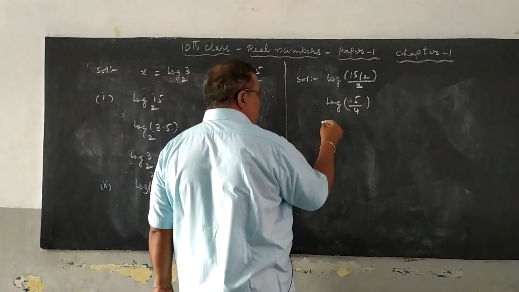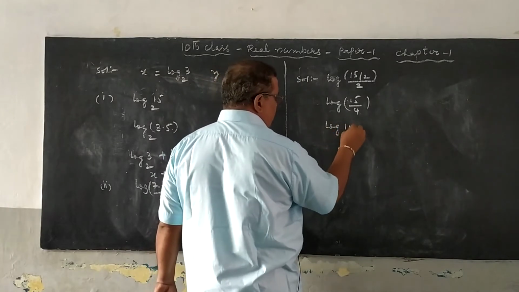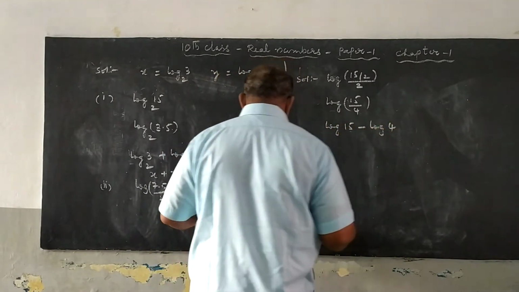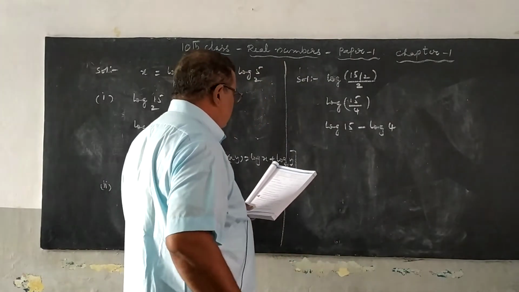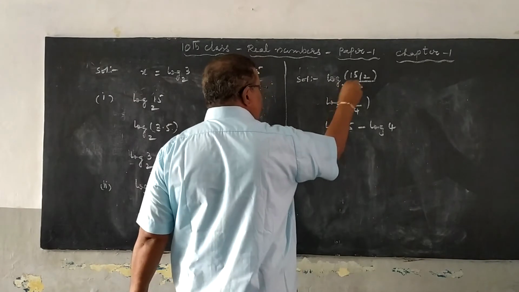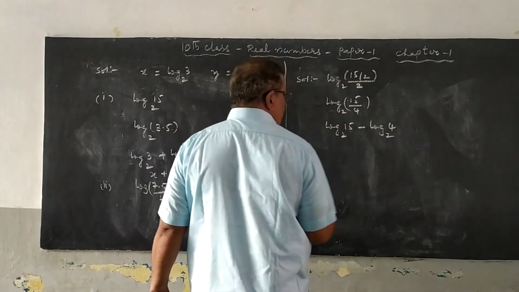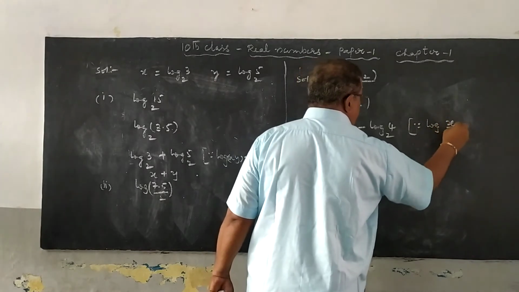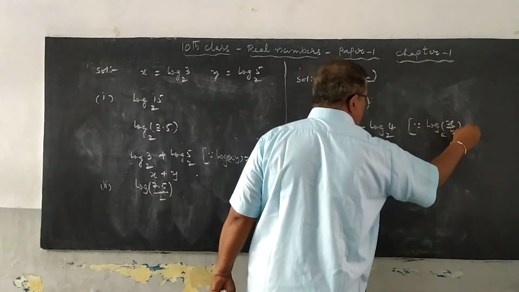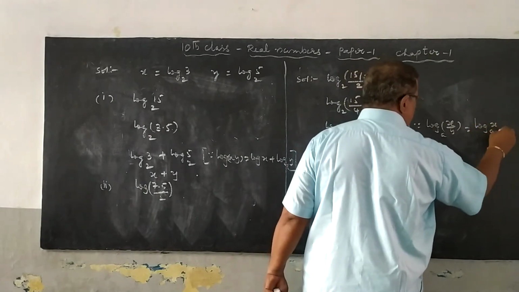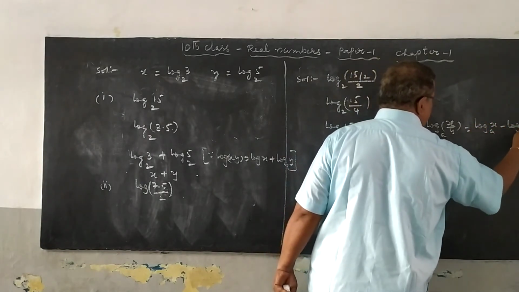How do we have to write this one? Log x minus log y. Here the base is 2. Since from the supporting formula, log x by y base a is equal to log x base a minus log y base a.